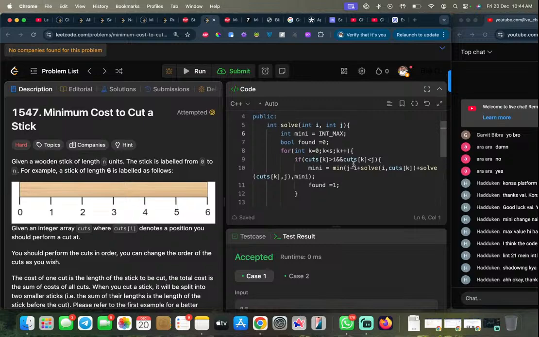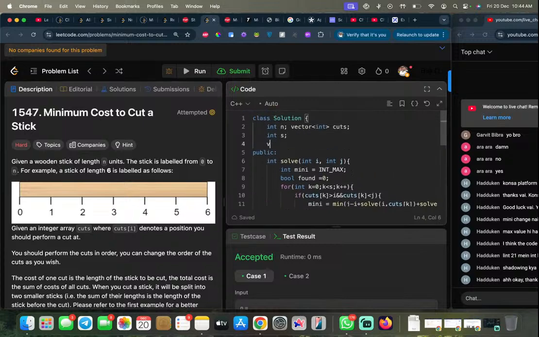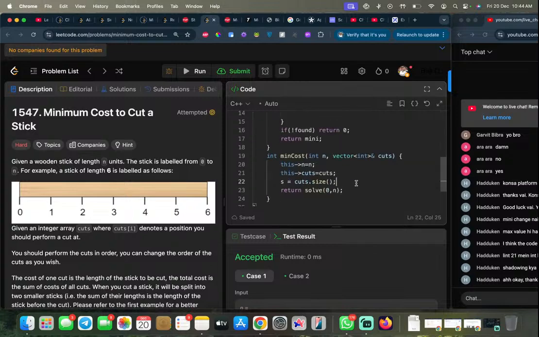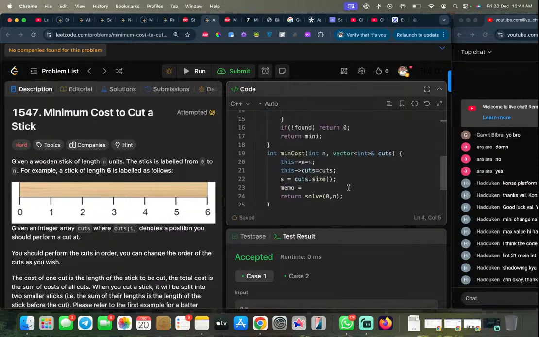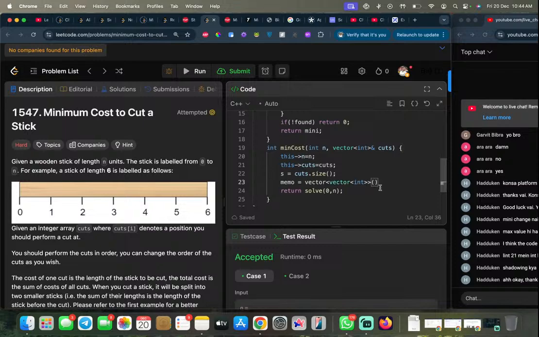Let's memoize this. vector int of vector int memo is equals to vector int of size n plus 1, vector comma vector n of size n plus 1 comma minus 1.